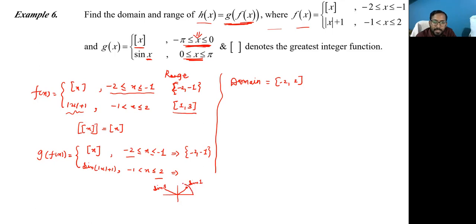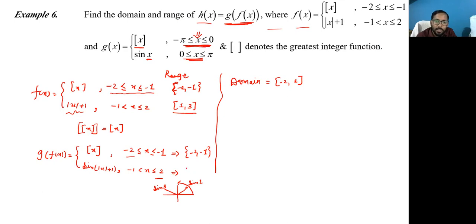The value of sine is increasing from 0 to pi by 2 and decreasing from pi by 2 to pi. So of sine 1 and sine 3, which one is minimum? Sine 3 is minimum compared to sine 1.